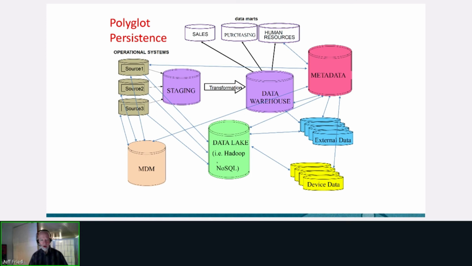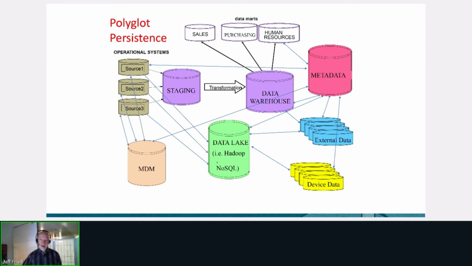Both of them are taking a lot of data in where you're not exactly sure what you'll be doing with it later. So you're storing things for flexibility, but the data lake pattern is often structure or schema on read. Data warehouse is often schema on write. But any way you look at it, this is a complex system.